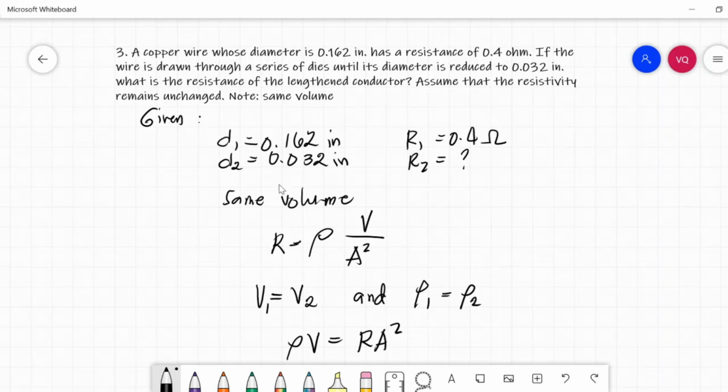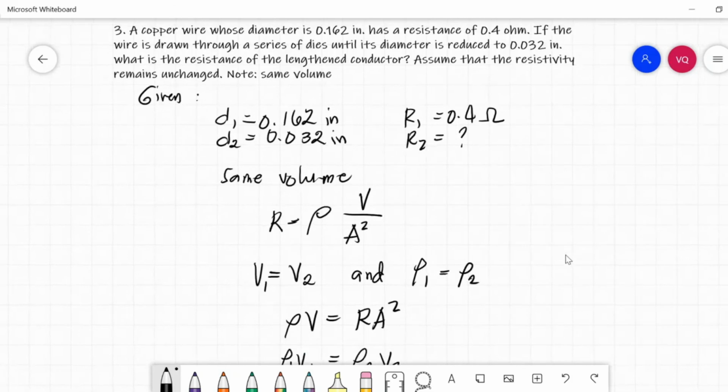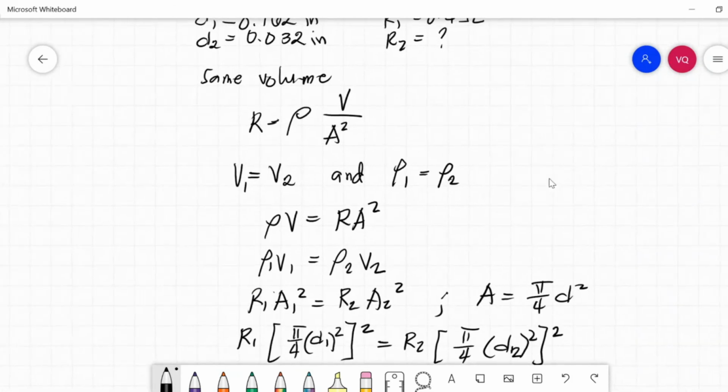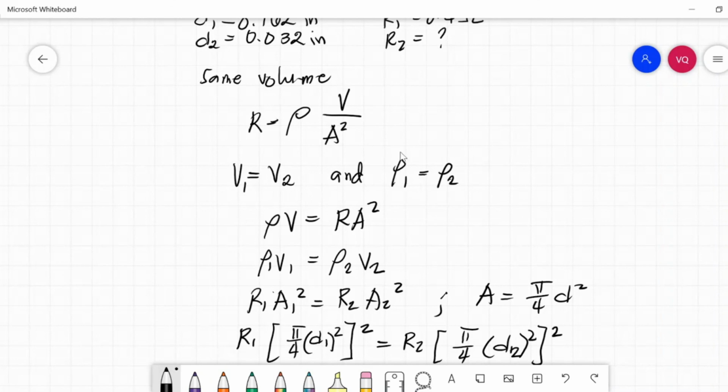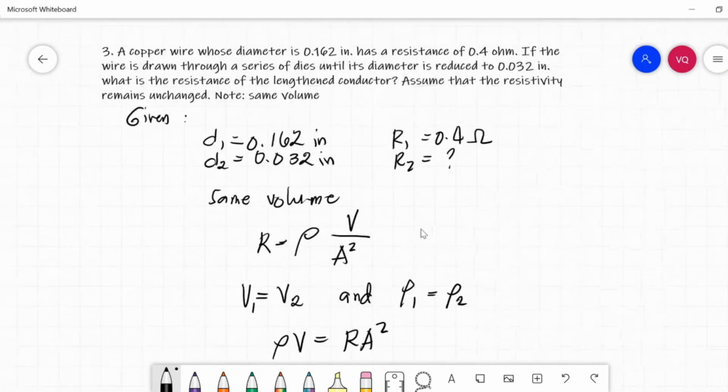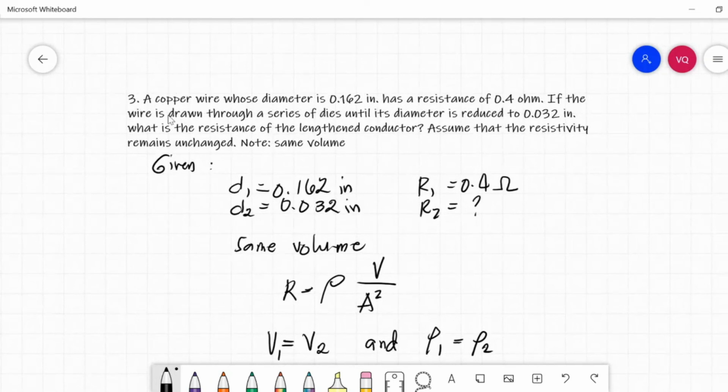So in this problem, we can see that D2 is reduced. Therefore, our resistance will be higher than R1. Our condition here is the volume is the same. V1 is equal to V2, and also the resistivity is the same since it uses the same conductor, that is copper.